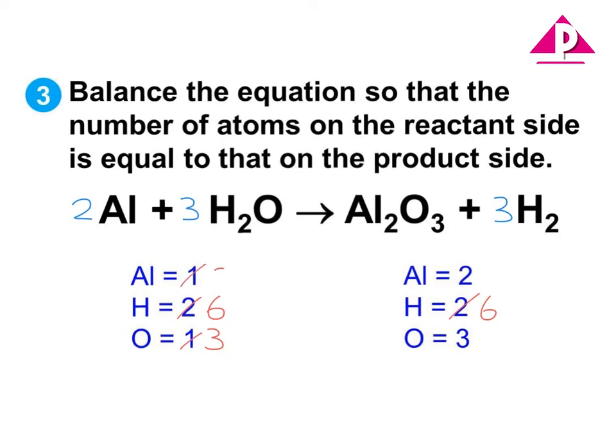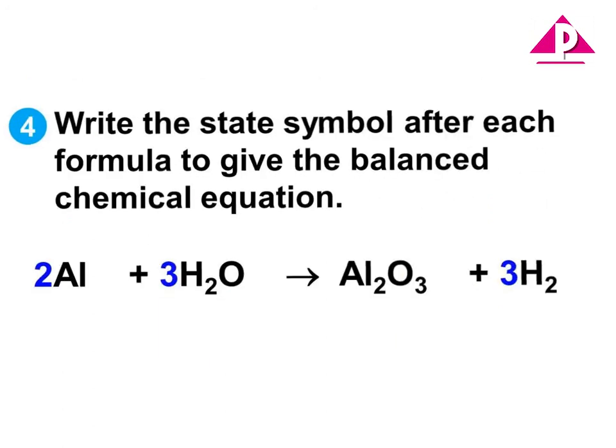Then there are 2 aluminium atoms on the reactant side. Now there are 2 aluminium atoms, 6 hydrogen atoms, and 3 oxygen atoms on both sides of the equation. The numbers of atoms on both sides of the equation are all balanced.